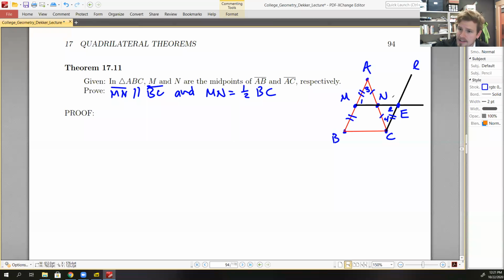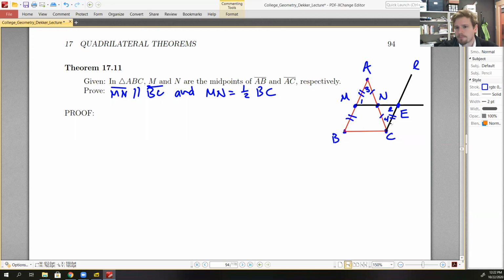So that tells us that this quadrilateral has a pair of parallel congruent sides. And by theorem 17.3, we have that BMEC is a parallelogram. So that immediately gets us that MN is parallel to BC.